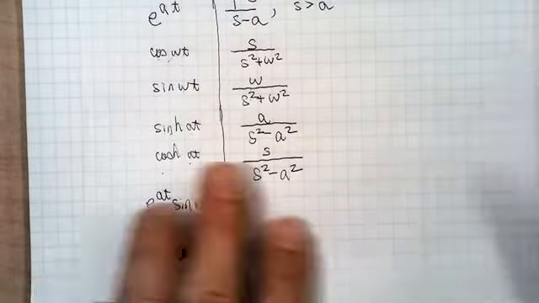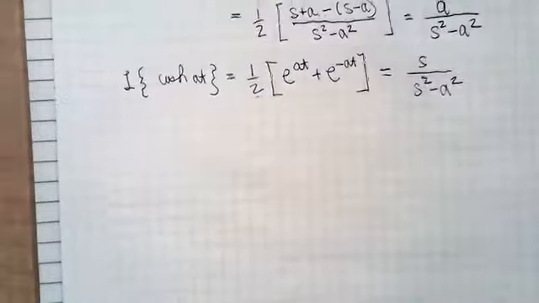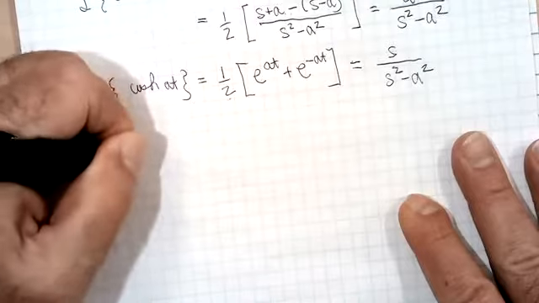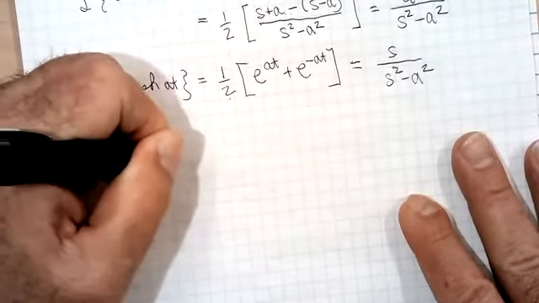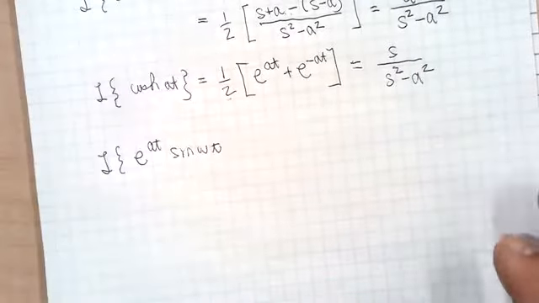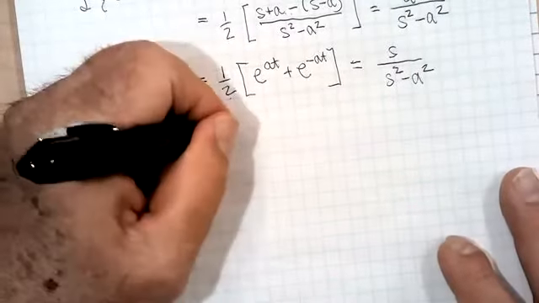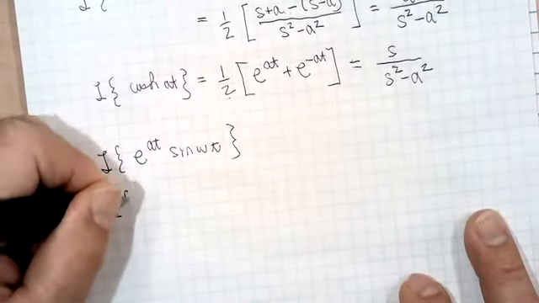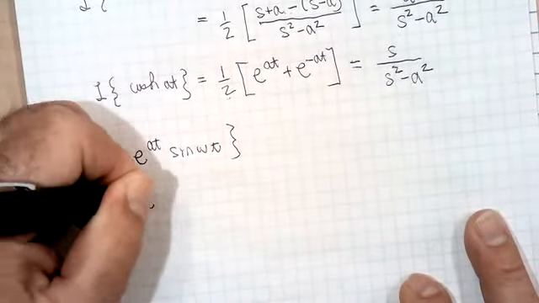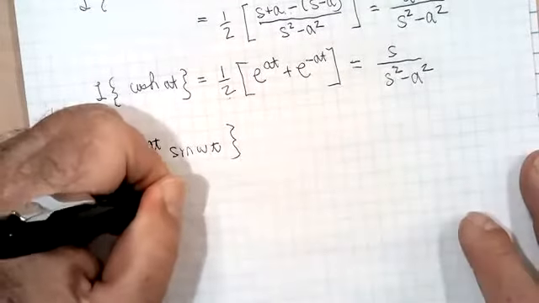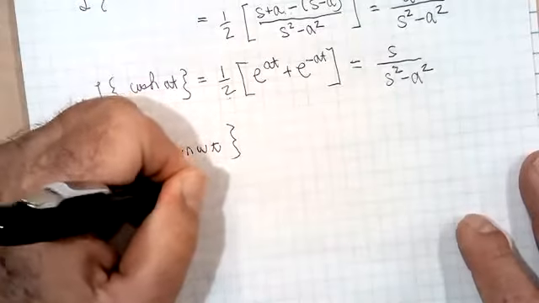Okay, well, let's go after e to the at. We would like to be able to get sine omega t, and we'd also like to be able to handle cosine omega t. So what if we did this? Laplace transform of e to the at, and then times e to the I omega t.